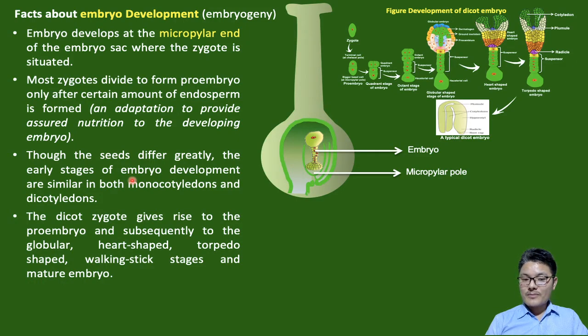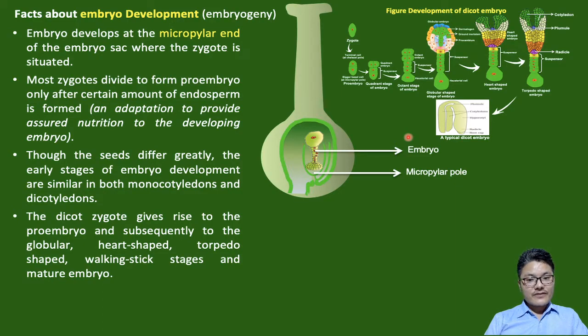Say in case of dicot plants, there is formation of embryo through different stages, and the different stages are characterized by formation of proembryo, which will be later forming globular shaped embryo, and globular shaped embryo will be later undergoing mitosis and cell differentiation to form heart shaped embryo, which later develops into torpedo shaped embryo, and which will be later forming walking stick stage of embryo, and finally there is development of mature embryo.